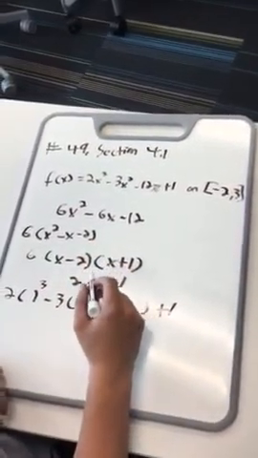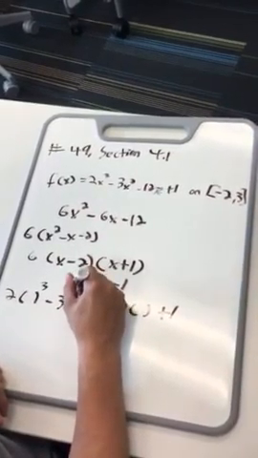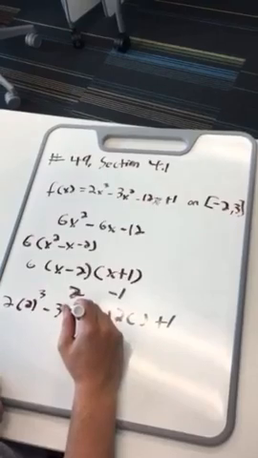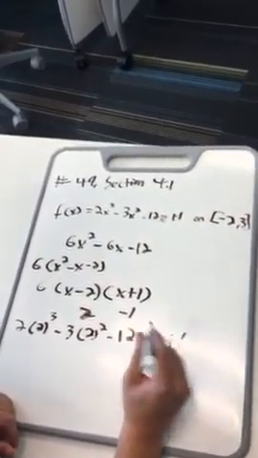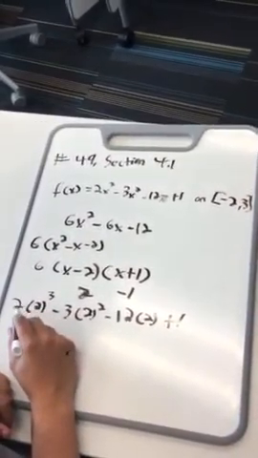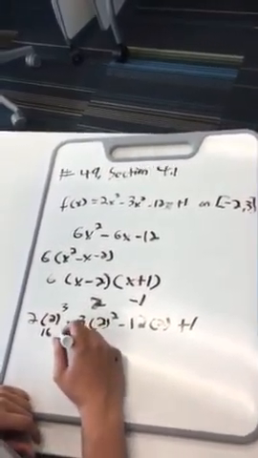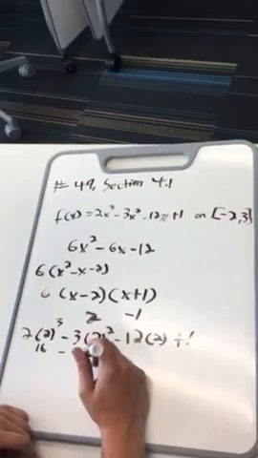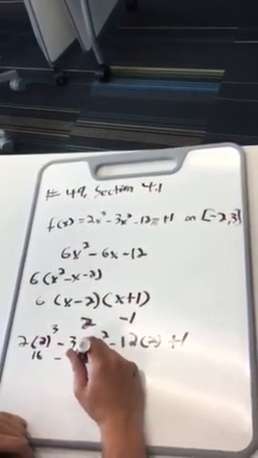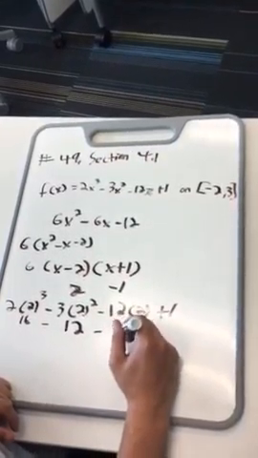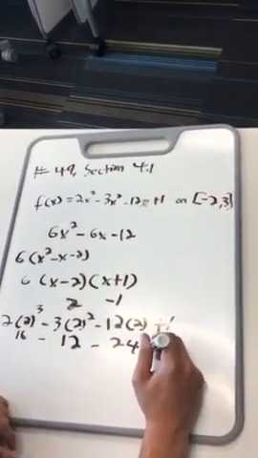So if we plug in 2 here, 2 times 2 cubed would be 16, minus 3 times 2 squared would be 12, minus 24 plus 1.